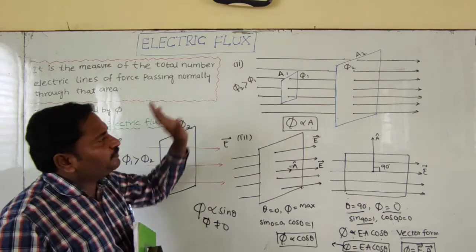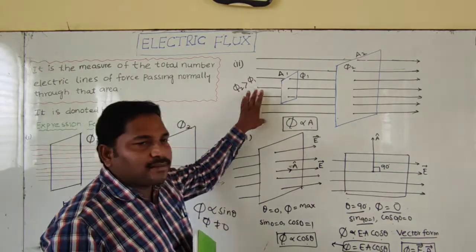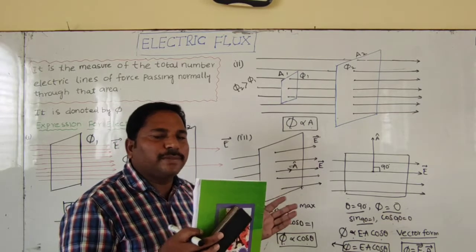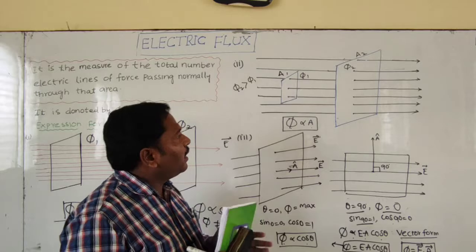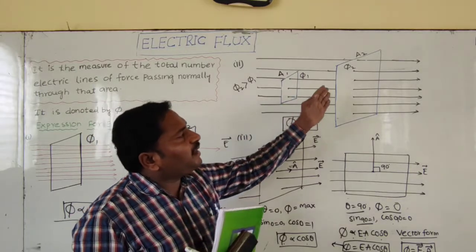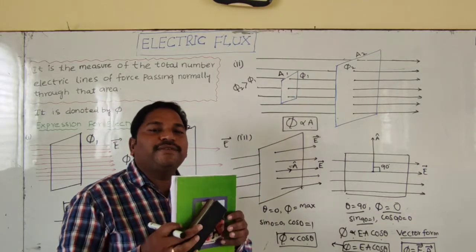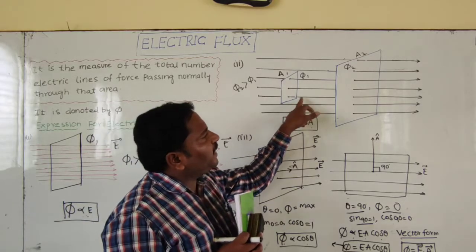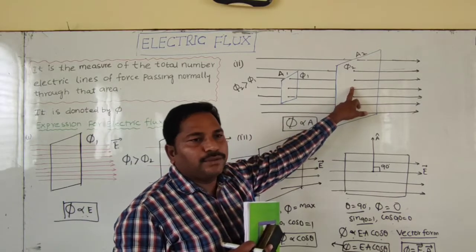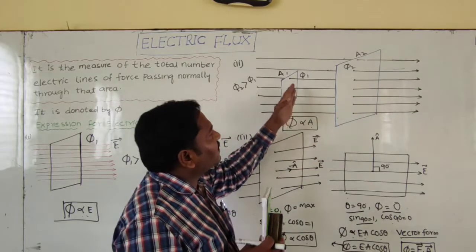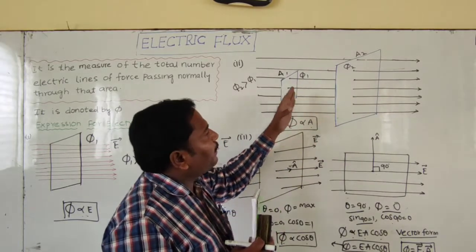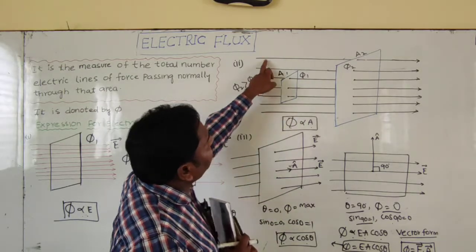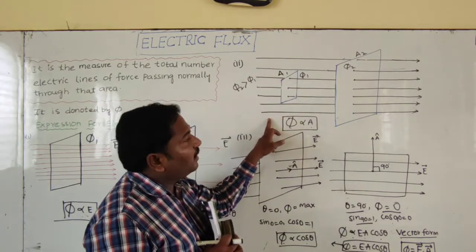In the second case, keeping the number of electric lines of force constant, we are varying the area of the loop. Suppose two loops of area A1 and A2 are kept inside the electric field normal to the field lines. Here there are 7 lines in total.